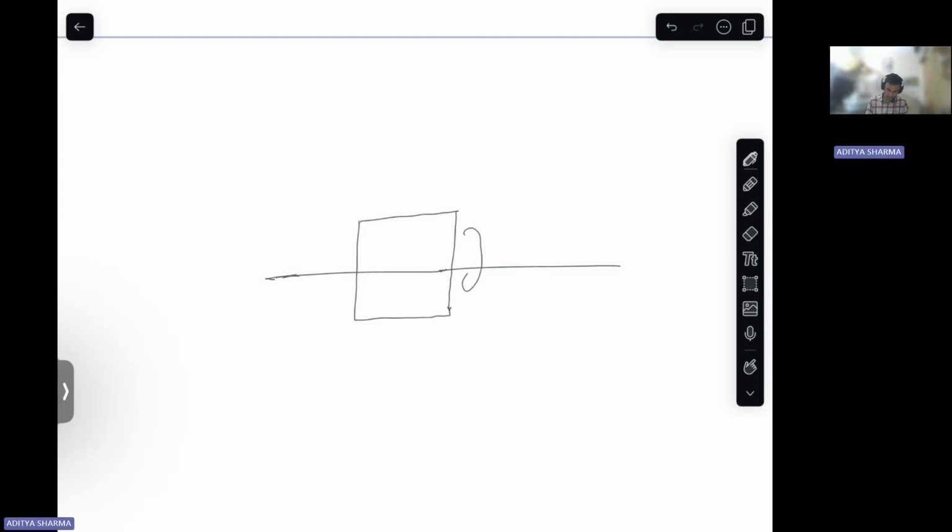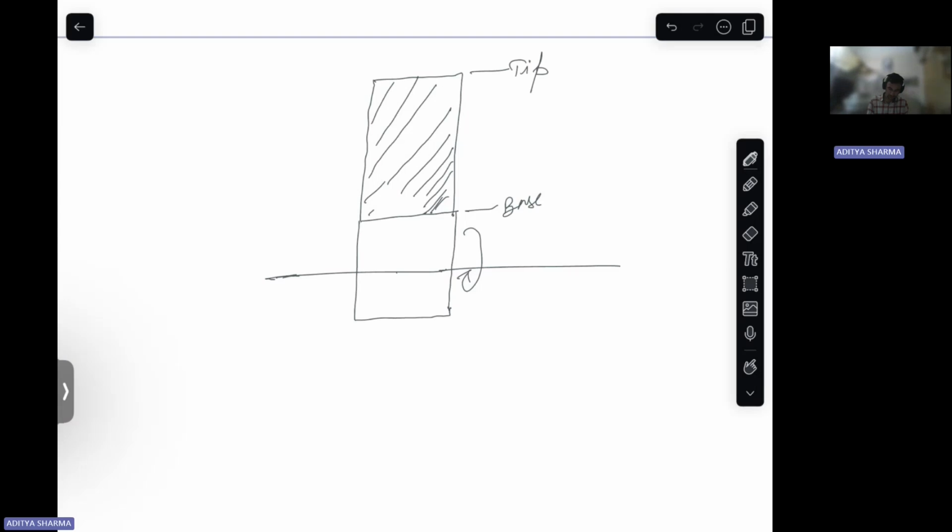It is moving in this direction. So one blade I have like this. This is basically your blade. This is your base of blade, this is your tip of blade.